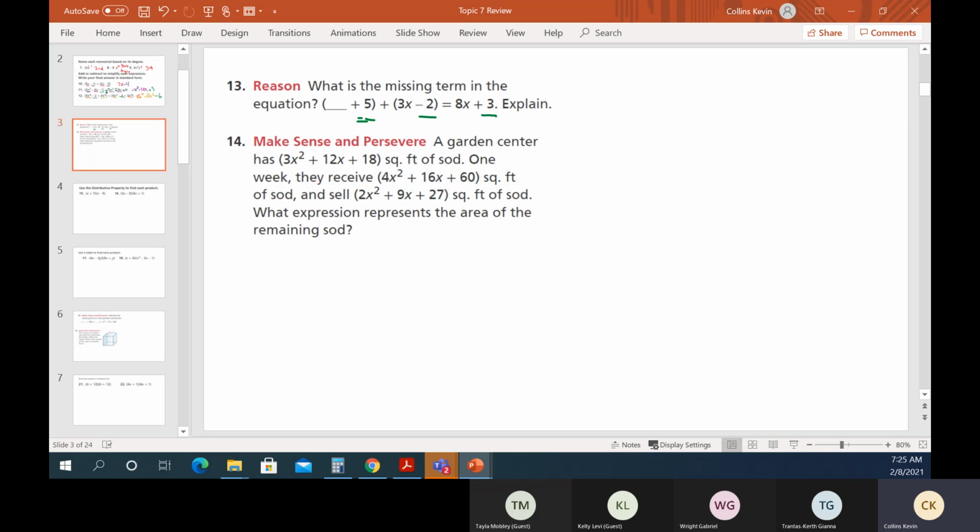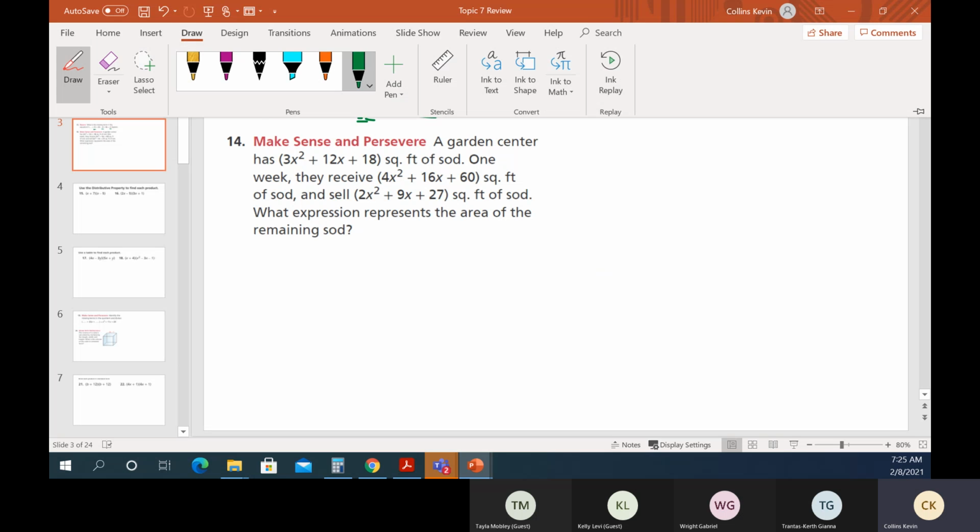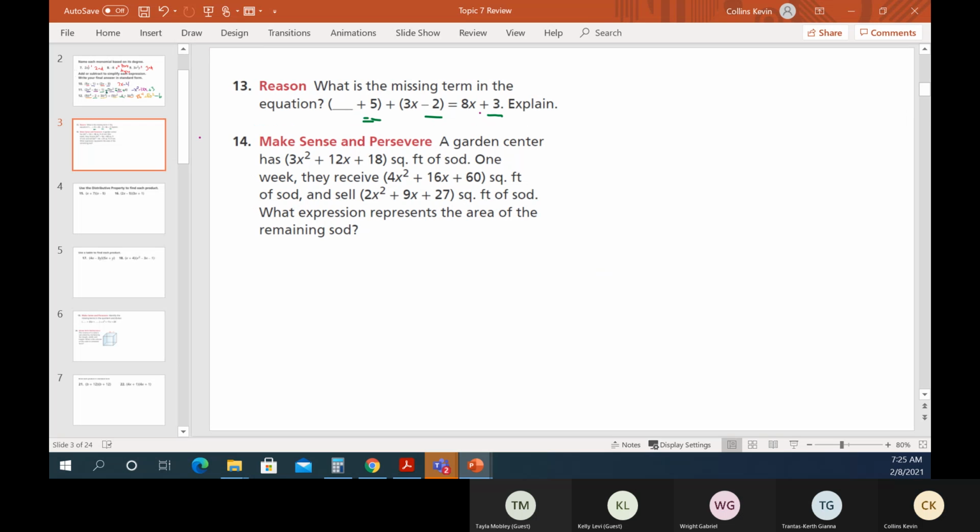So then the x values, this is 8x, and here we've already got 3x, right? So in order to go from 3 to 8, that means the front guy here has to be 5x. So you get 5 and 3 is 8. So literally you're just taking 8x minus 3x and getting 5x. So just a long drawn out way to kind of ask you the same thing.